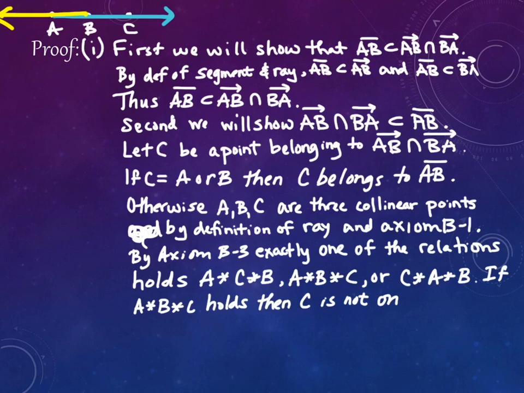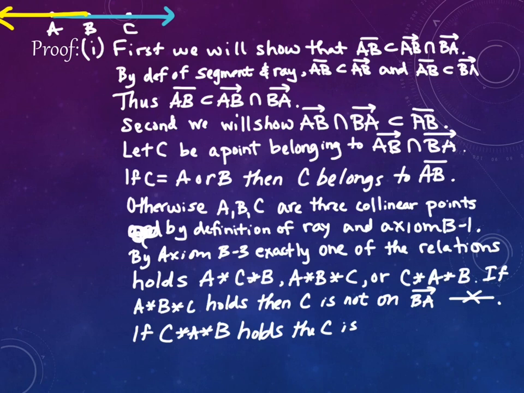Right, this is the image that's going on as we're describing this. It's not on BA. And that's a contradiction, right? It was supposed to be on BA. So we can put our contradiction symbol. And we can do the same thing again. We did A star B star C. So if C star A star B holds, what problem do we come up with then?